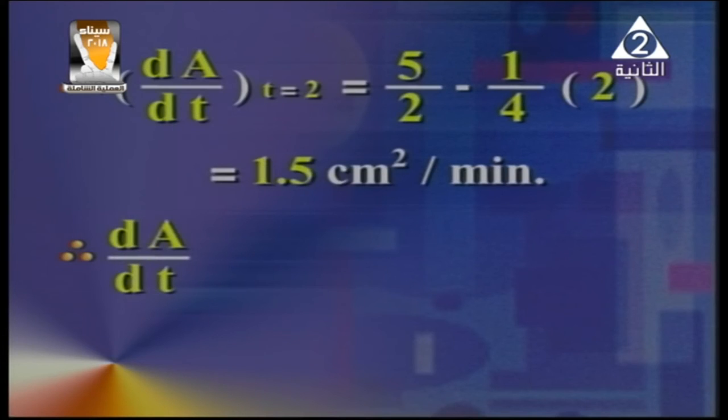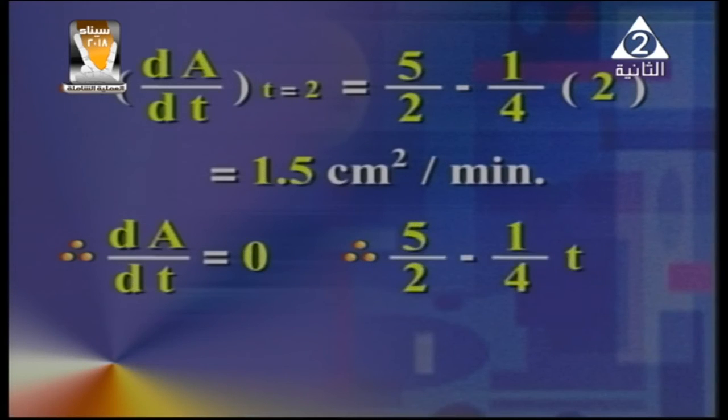Remember, dear student, dA over dt equals 0 means the increase in A vanishes. By substitution in the previous equation, dA over dt equals 0, then 5 over 2 minus quarter t equals 0.